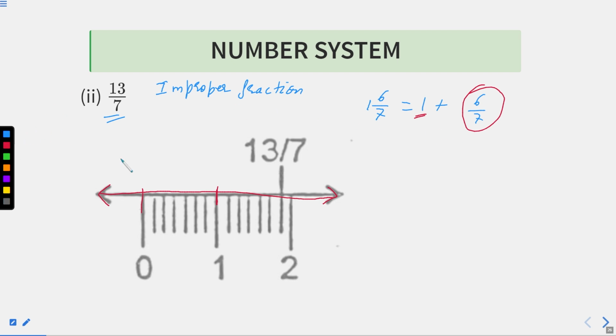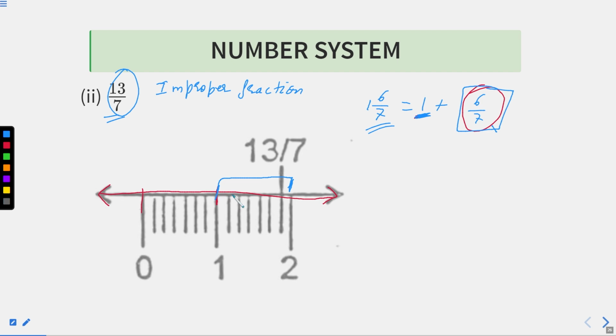So in this way we know the 13 by 7 is in the 1 to 2 region. From 1, the 13 upon 7 must be in the region from 1 to 2, because we easily see from the mixed fractions that the 13 by 7 can be rewritten as 1 plus this fraction.